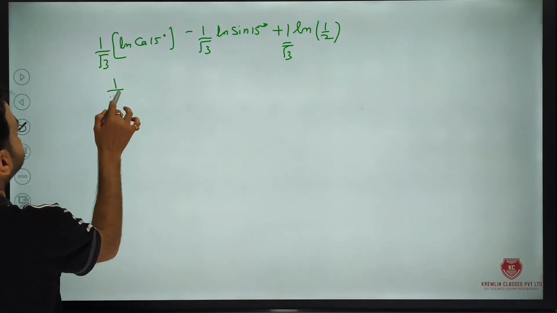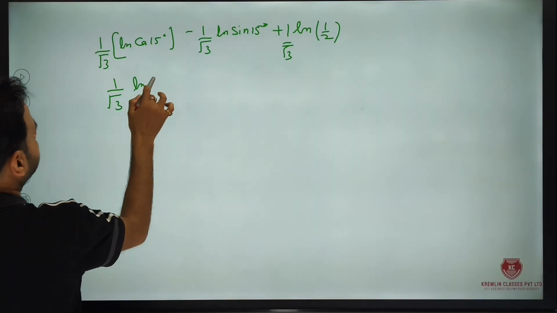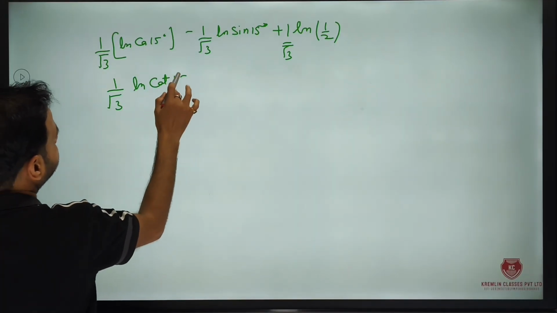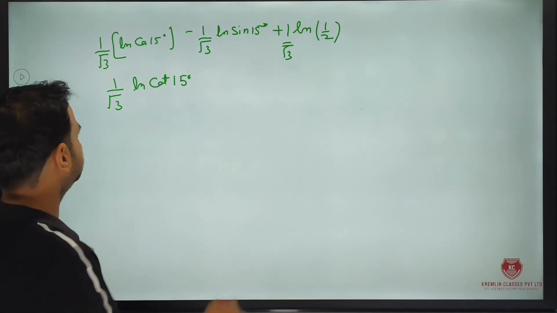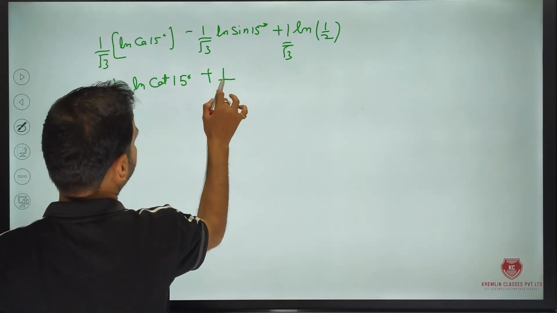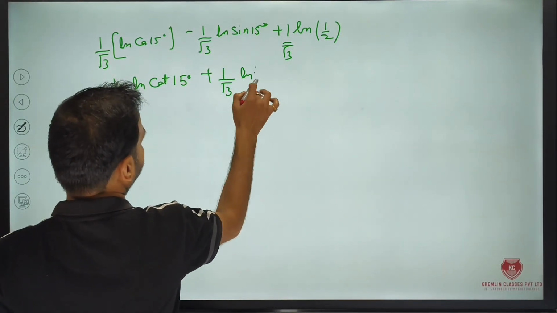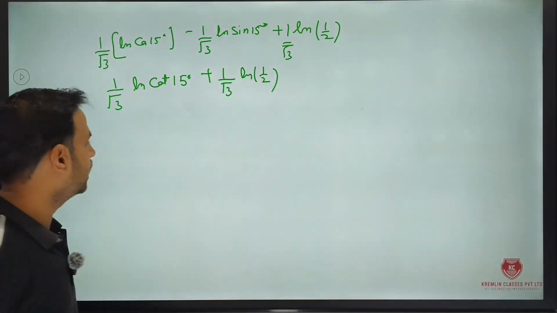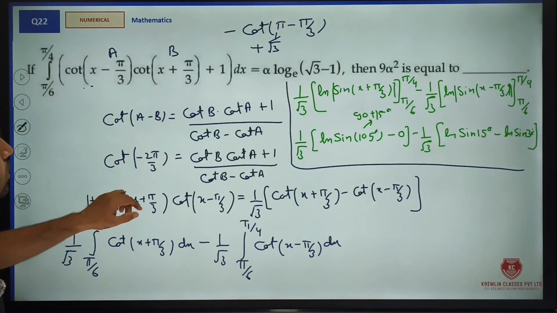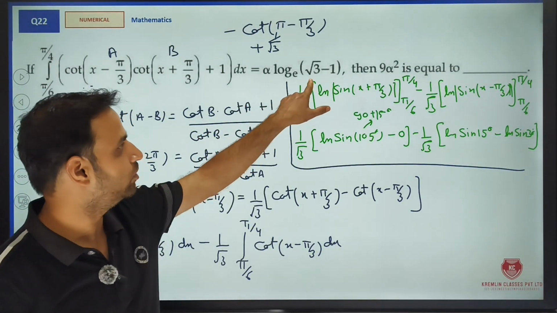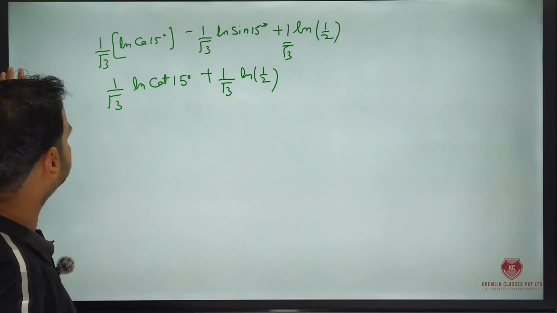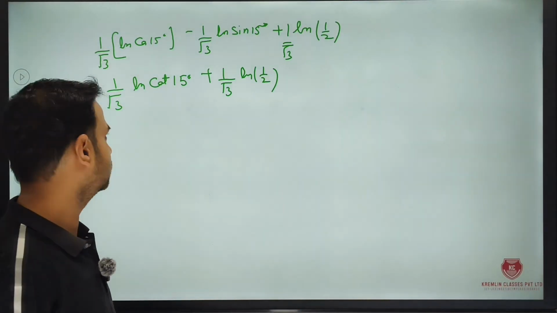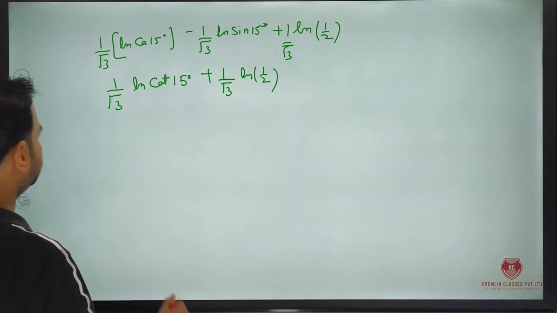Now we have to treat this: root 3 ln cot 15 degree. Why cot 15? Because ln a minus ln b is ln a upon b, plus 1 by root 3 ln half. And the requirement is that we should have root 3 minus 1 here. So it is cot 15 degree.